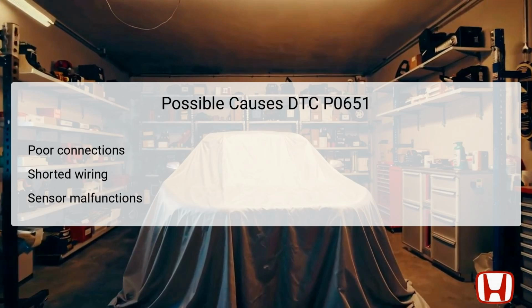Additionally, shorted wiring can occur if the wires experience wear or damage, causing them to touch ground or power unexpectedly. Other potential causes include malfunctions in the sensors themselves, either due to internal failure or external damage. Each of these issues contributes to the communication breakdown between components essential for the vehicle's operational efficiency.